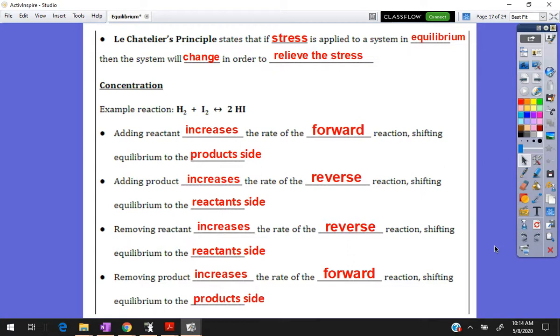Therefore, there are more possible collisions that can occur between reactants, and this will result in an increase in the rate of the forward reaction. More collisions, an increase in rate. And therefore, to deal with the increased rate in the forward direction, we are going to shift towards the right side to increase the amount of products that we have. So let's see this in action.